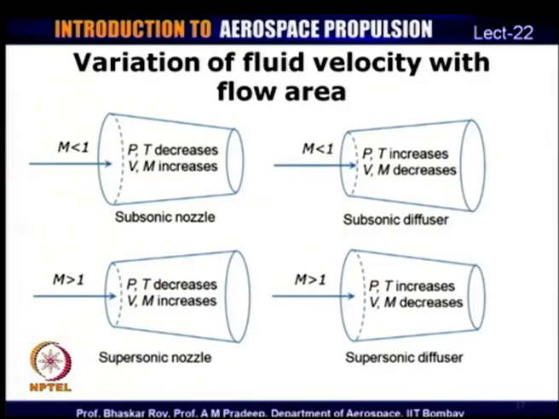What we have discussed now is an outcome of the area velocity Mach number relation, which we had derived, and so we know how the area has to change given a certain Mach number, so that you get an increase or decrease in velocity accordingly. Now, what we will do is relate the stagnation properties, that is stagnation pressure, temperature and density, to the corresponding static parameters like static temperature, pressure and density through the Mach number.